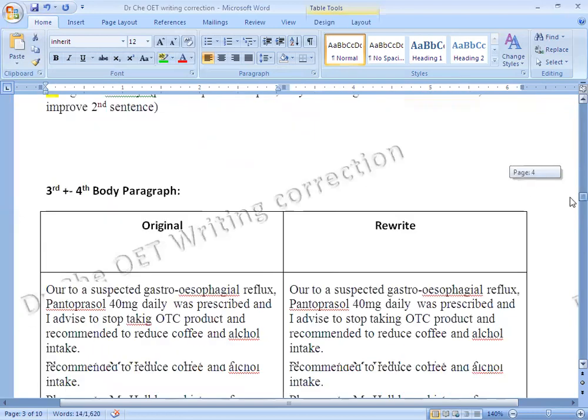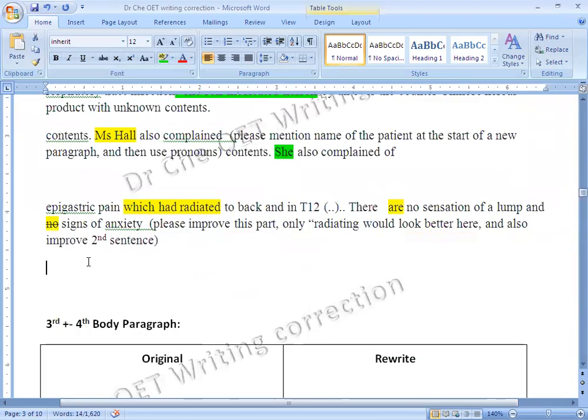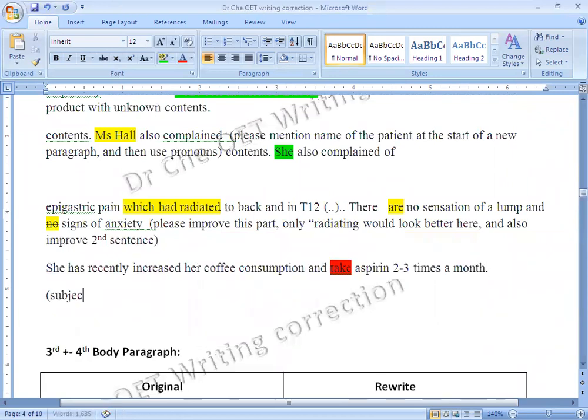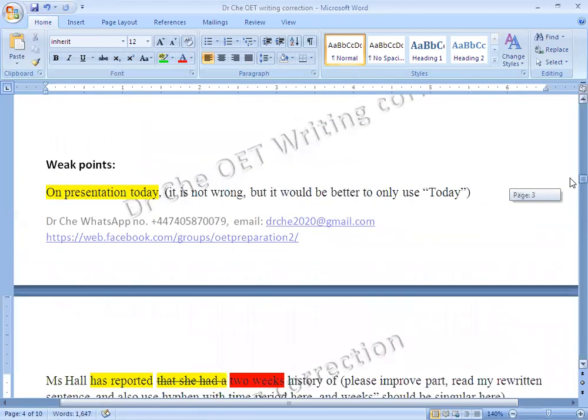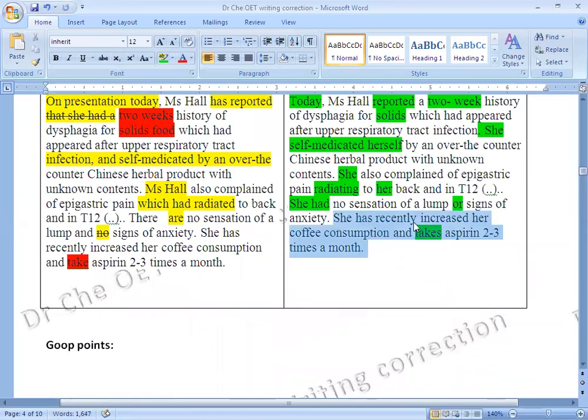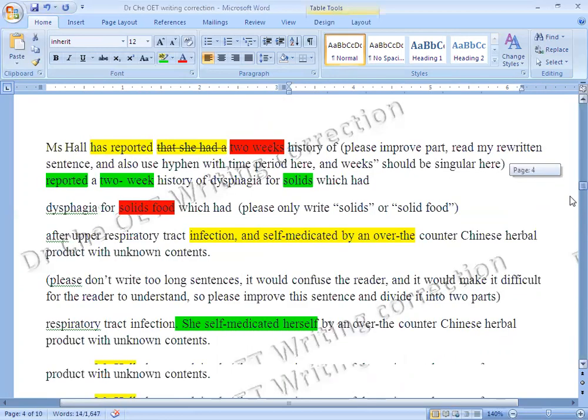Our subject is singular, so our verb should be used accordingly. Please use a singular verb with s or es accordingly. So we should improve it like this.